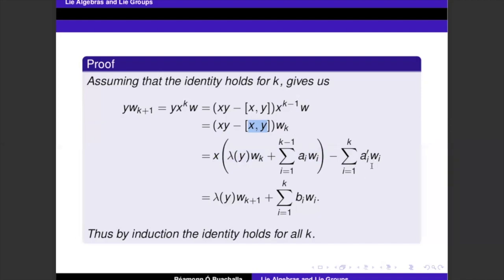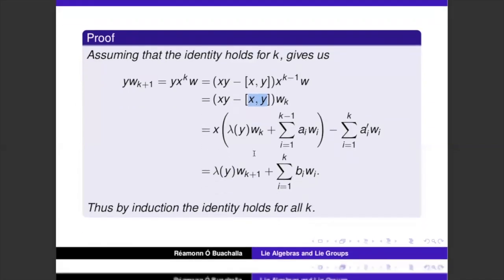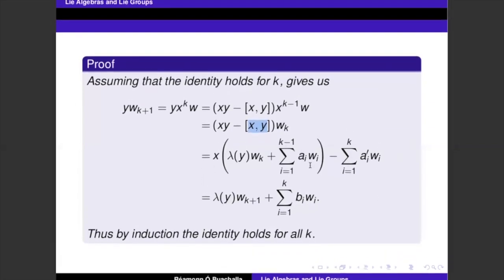So it's more compact to write it like this. But the point is that you're never going to get a k plus 1 here, because it's an element of the ideal acting on wk. Everything is going to be further down. Now we can group this and this together. Clearly, we just add up the constants, and then we introduce a new notation, this b sub i, because we're just taking this and this and subtracting.